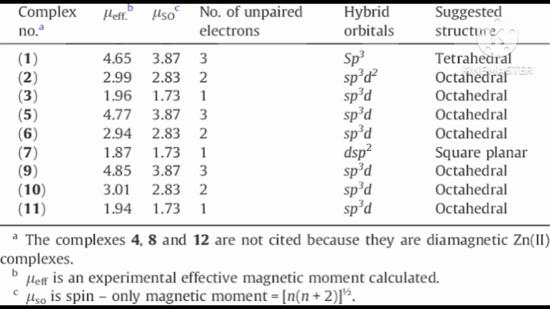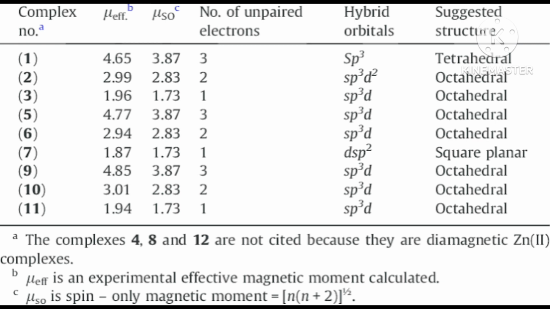During the formation of a complex ion, when these ligands come, they have electrons, and the central metal ion also has electrons. Then some repulsion is also possible.